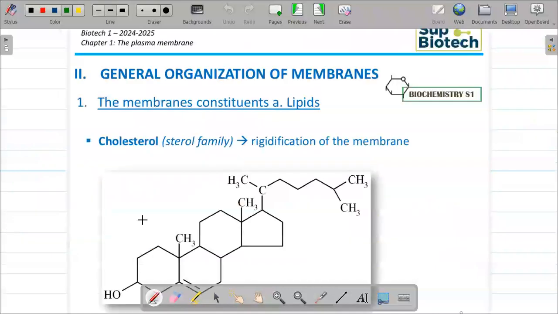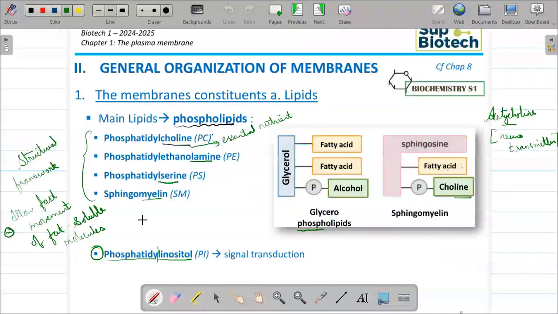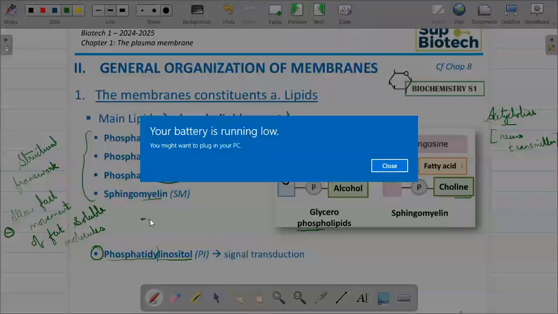Now, general organization of a... Sir, I have a doubt. What is that? Sphingomyelin. Myelin I studied in... it's like a protective sheet of a nerve cell, especially on the axon.